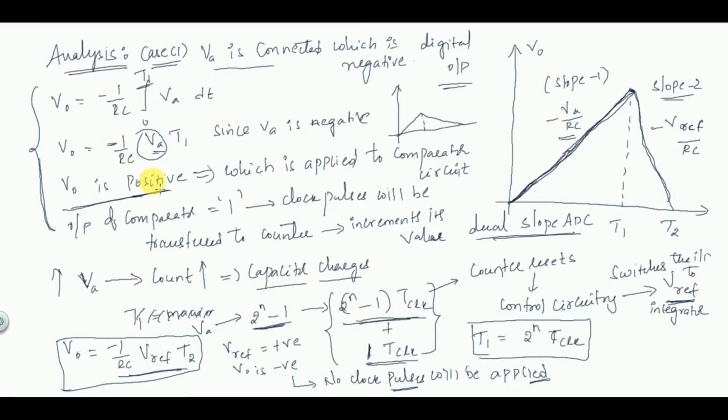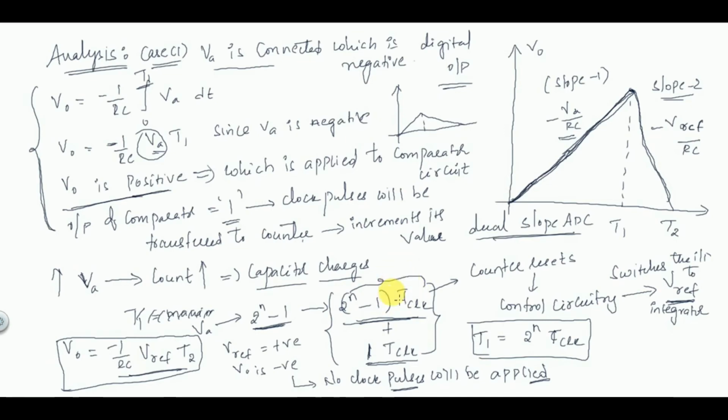When V0 is positive, the output of the comparator is going to be 1, and then clock pulses will be applied and the counter increments its value. The capacitor starts charging. So the counter counts up to the maximum value. The maximum value is 2 power n minus 1, so it will take 2 power n minus 1 into T clock.